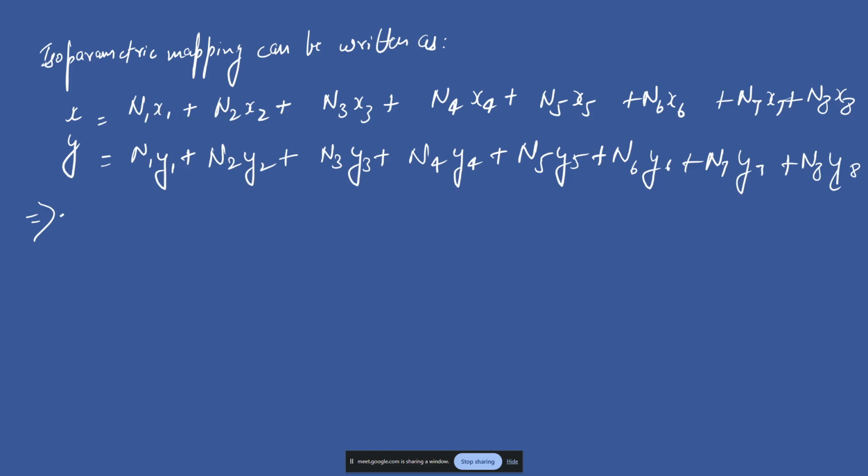So accordingly you will get your final x vector, which is xy in terms of xi and eta. So the final values are available with you.